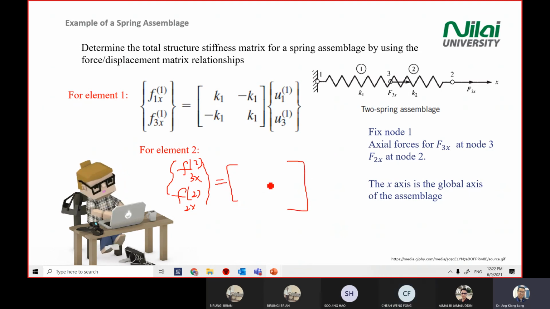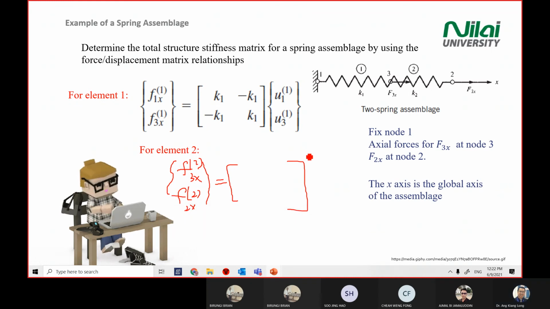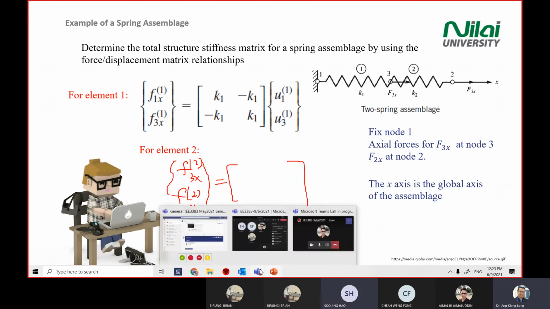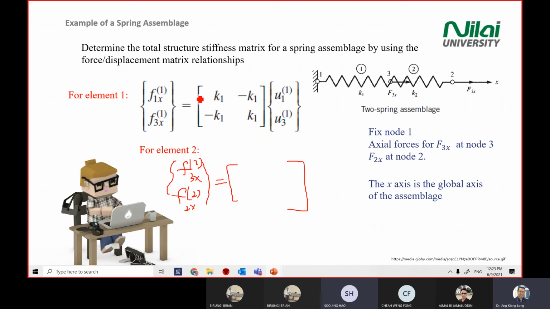Okay, Chia, you have done with the question. It's good. We're going to ask the second person. Sue, is your mic working? Yes. Okay, Sue, by comparing with the answer that you see on the screen here, if you look at element 1, you have K1, minus K1, minus K1, K1. So what do you think you should fill in the matrix here?